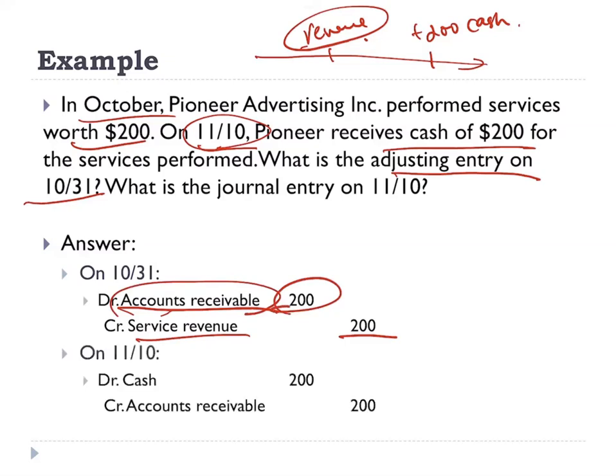So that is the journal entry on October 31st. And then on November 10th, the firm received the cash. So we credit accounts receivable because the firm no longer has the right to receive this $200. Again, the firm has already received it. So it's no longer an asset, an account receivable for the firm.